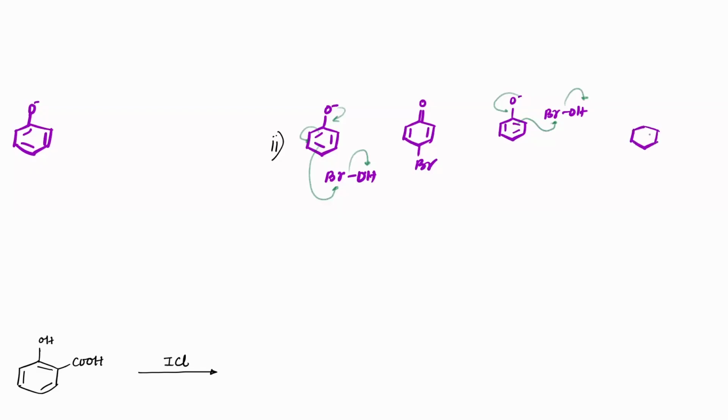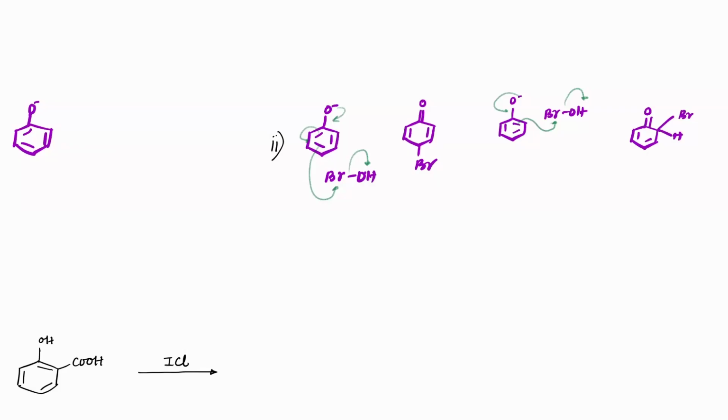I will get the intermediate as O minus, again on a benzene ring, with a pi bond here, the lone pair of oxygen converted into a double bond, and here we have Br and H. So this is the intermediate which is forming.